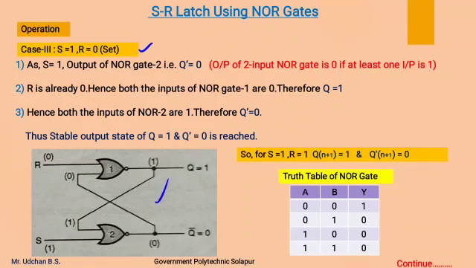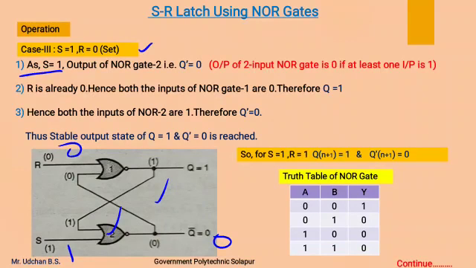This is the circuit diagram in which S is 1 now, R is 0. As S is equal to 1, output of NOR gate 2 will be 0, as output of NOR gate is 0 if at least one input is 1. Therefore output of NOR gate 2 is written as 0 as one of its inputs is a 1.